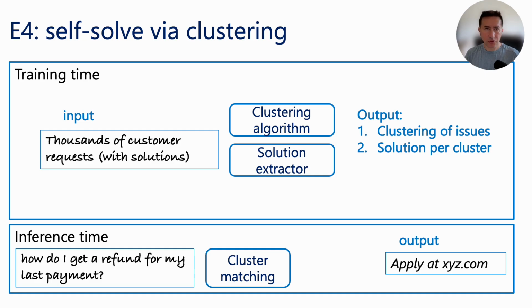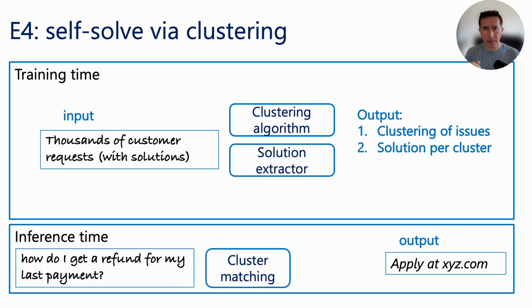Let's now go to a more difficult example, that of self-solve via clustering. So what we do here is we assume we have a bunch of tickets, say 100,000 or so. We first run a clustering algorithm, and we cluster these tickets into groups. And typically we want to group together tickets that have the same resolution.